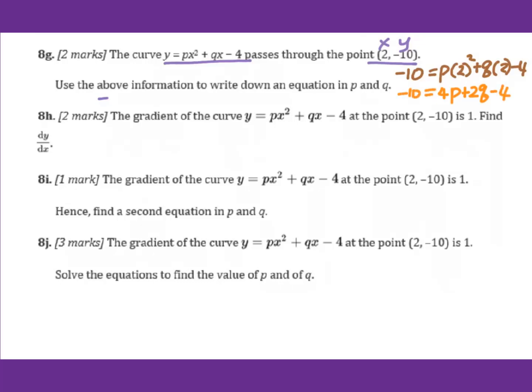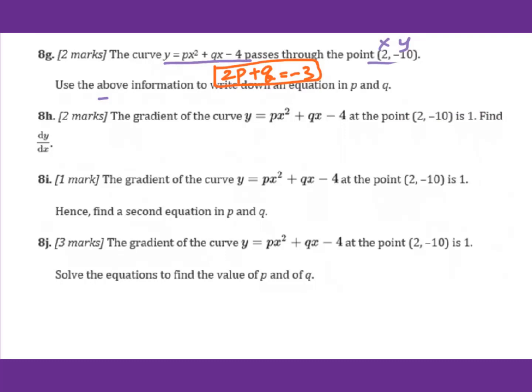Here's a negative 10. Then add 4 both sides. You will get negative 6 equals 4p plus 2q. Then you divide by 2 both sides, you will get negative 3 equals 2p plus q. This will be the equation. That's 2p plus q equals negative 3.